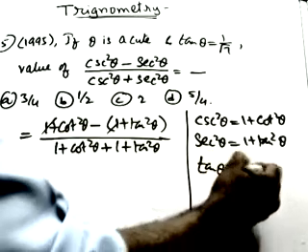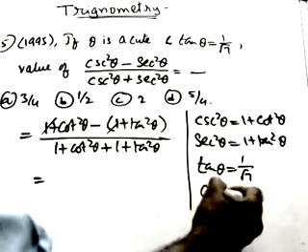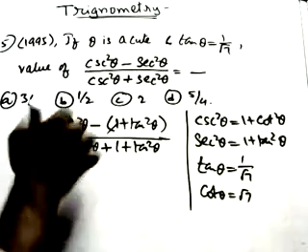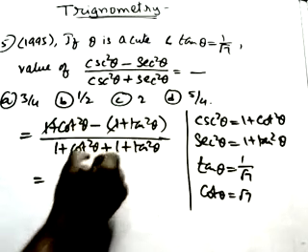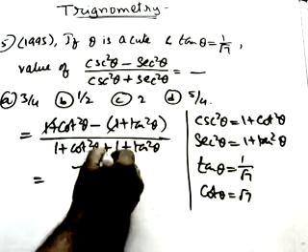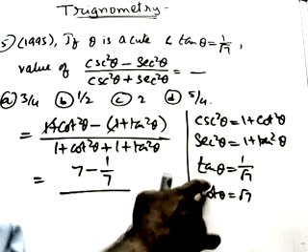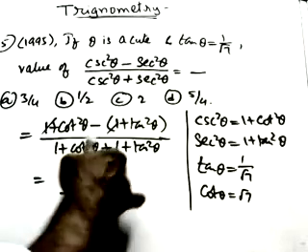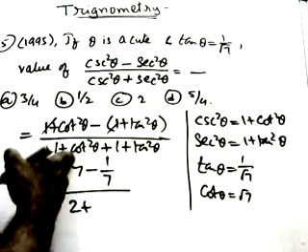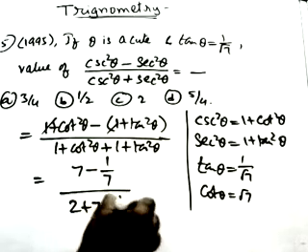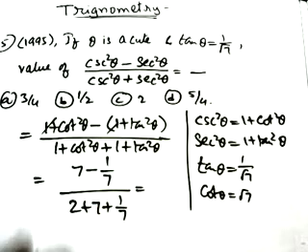Here tan theta equals 1 by root 7, so cot theta is root 7. So cot square theta means 7, and tan square theta means 1 by 7. So the numerator is 7 minus 1 by 7, and the denominator is 2 plus 7 plus 1 by 7.